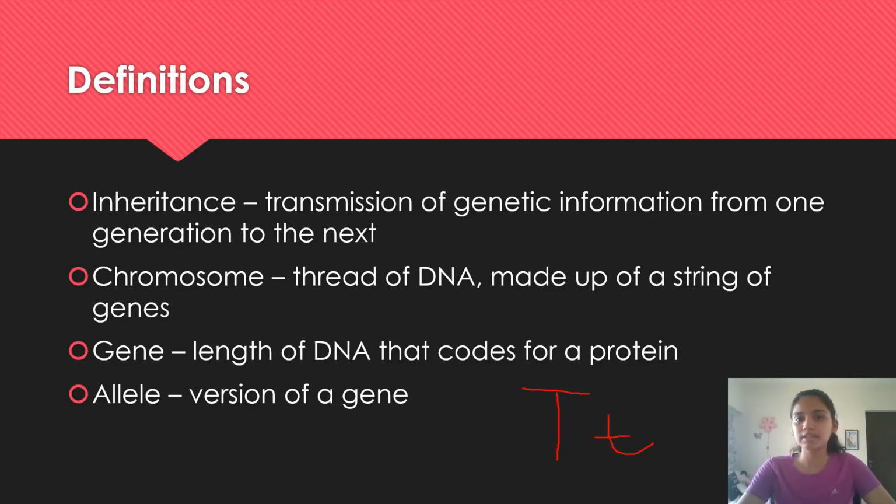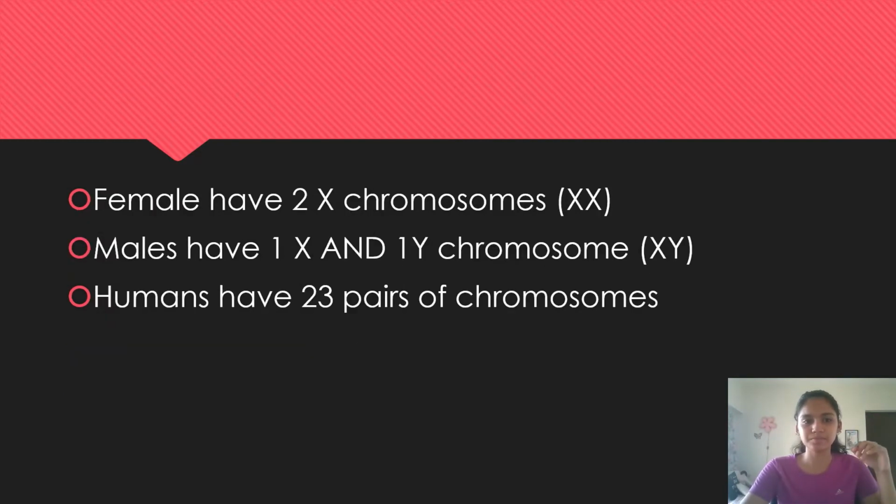So these two, capital T and small t, are versions of each other. They're versions of the gene that code for whether you're tall or not. So an allele is basically a version of a gene. This is an allele and this is an allele. We'll get into this later as well, but this is just an explanation. You should know all your definitions.